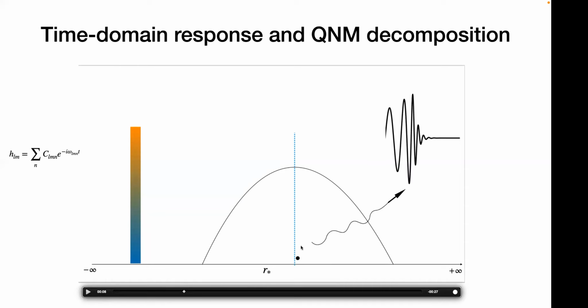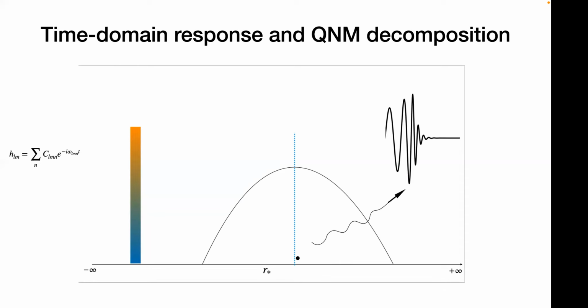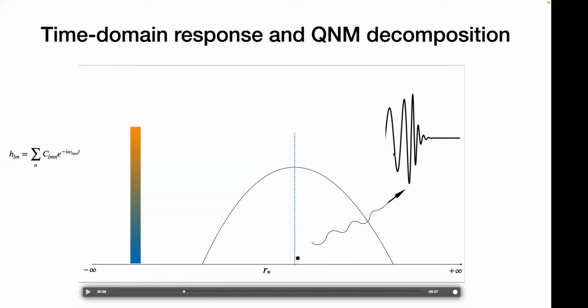At this moment, this small particle is still causally disconnected from this reflective surface, so it doesn't know whether we have this surface or not. As a result, this initial time domain response is identical to the response of a regular black hole.